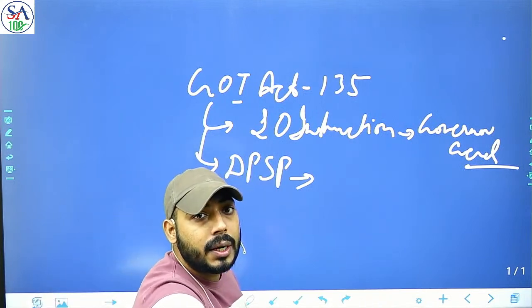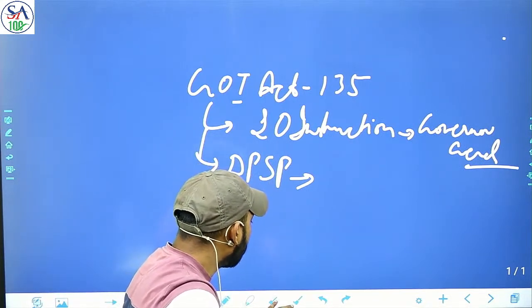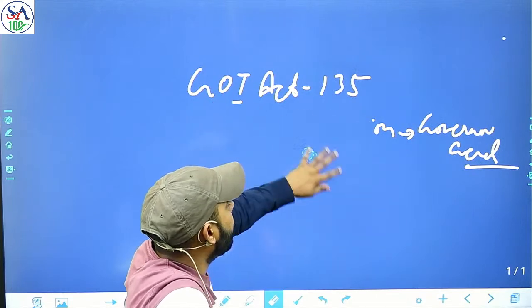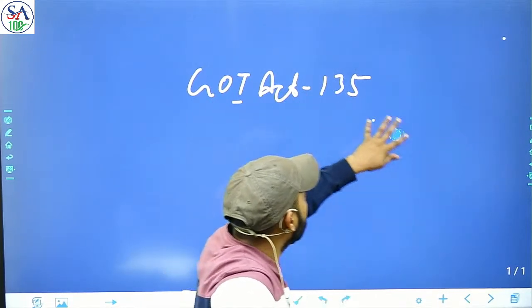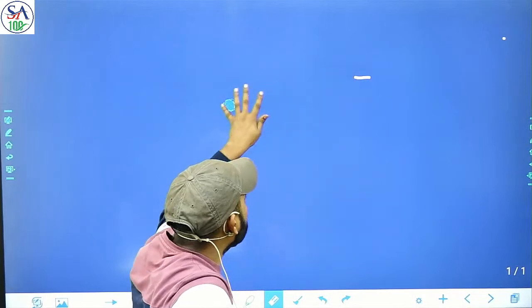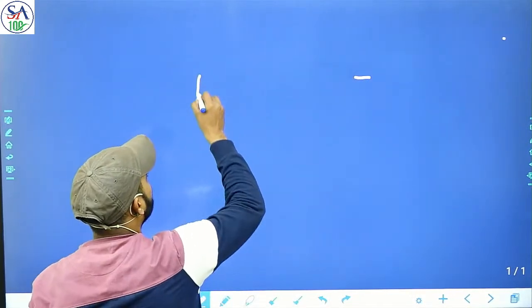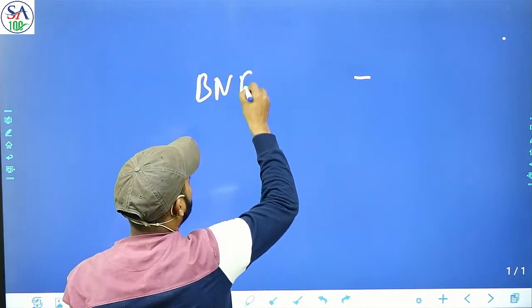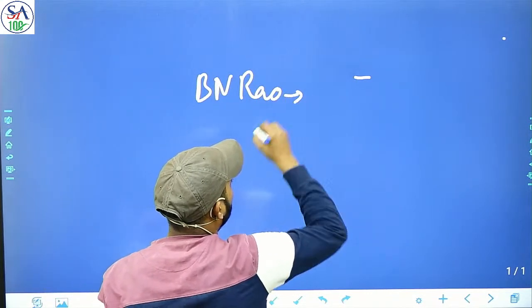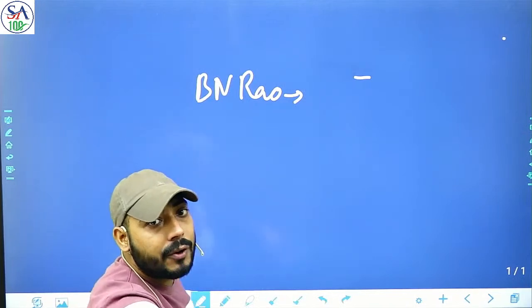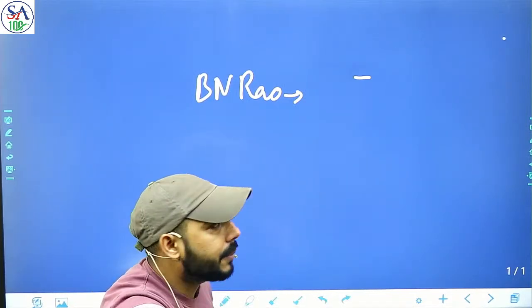Another thing that you need to know about it: during the Constituent Assembly, there was a person named B.N. Rao. He was the constitutional advisor of that Constituent Assembly.